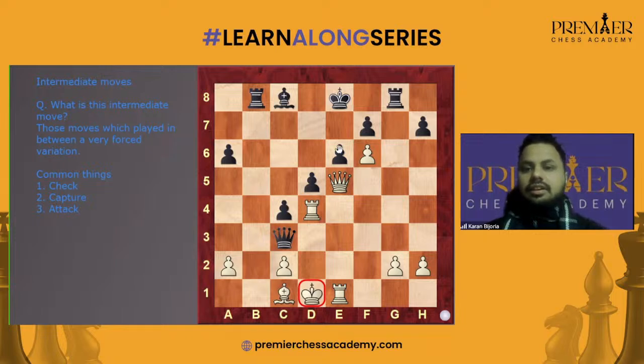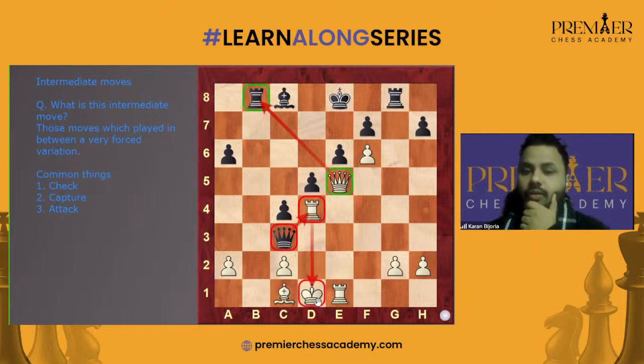This rook here is unprotected. So the queen can capture the rook. But fortunately for black, if the queen moves to capture this rook, then she will lose the defense of this rook. And the black queen will happily capture it, and it also gives a check.